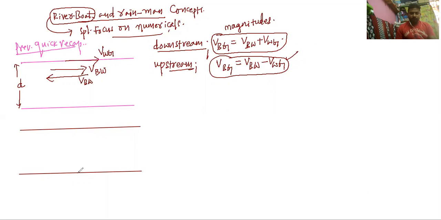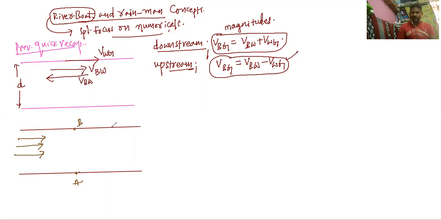So this is the point A and this is the point B. So the aim of the boat is to move from point A to exactly point B, right? While moving from A to B, because of the river flow, definitely the boat will move to somewhere in this.